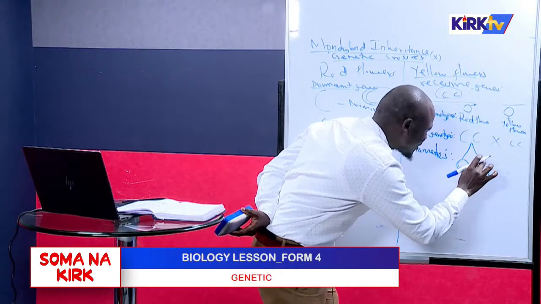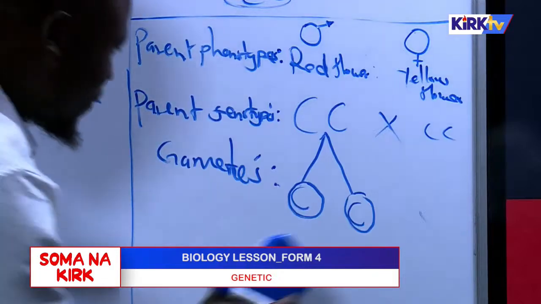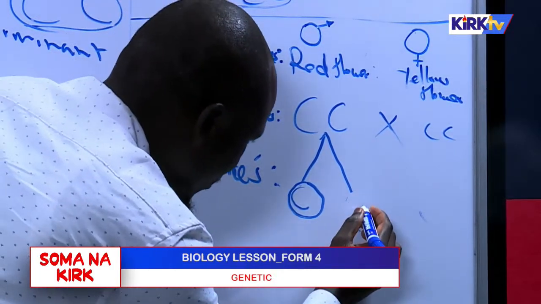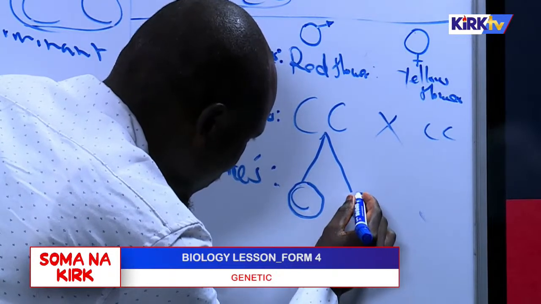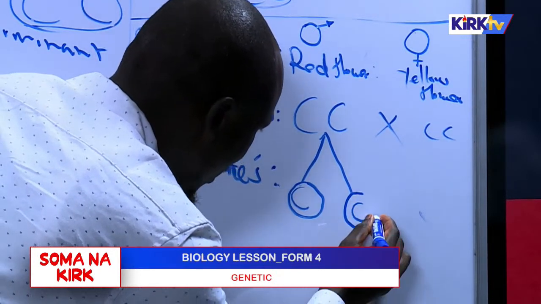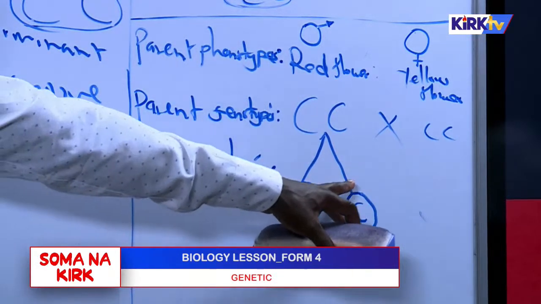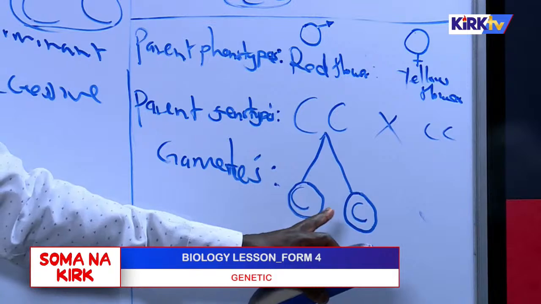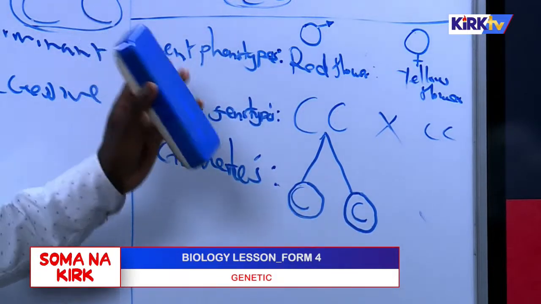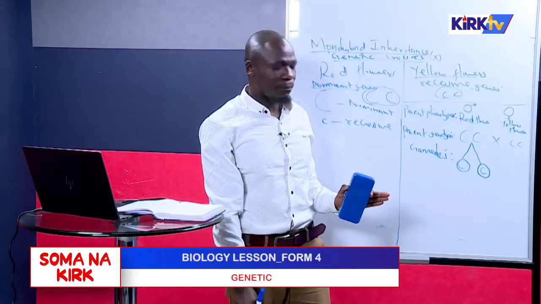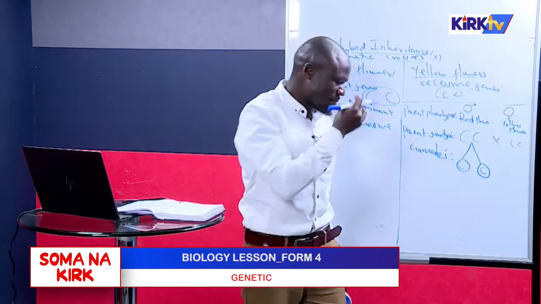This line should touch the edge of the circle. If that one doesn't happen, then it will be considered as a wrong diagram. So those must be observed.